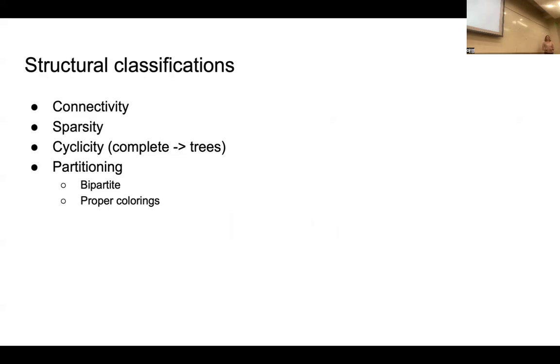Bipartite graphs are kind of a subset of ways to partition graphs based on proper colorings. So a bipartite graph is essentially just a way of partitioning a graph into two colorings. And more generally, a proper coloring is a coloring so that, so I can take this graph, for example. If we assign colors as numbers instead, we could say this is 1, this is 2, this is 2, this is 3, something.